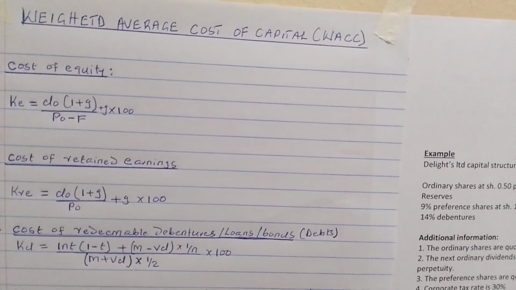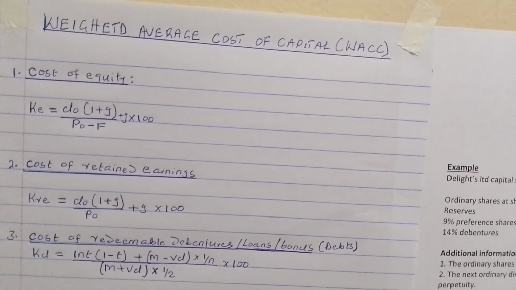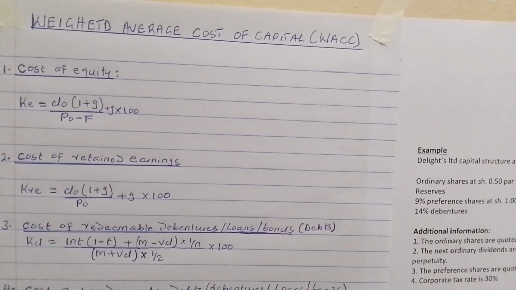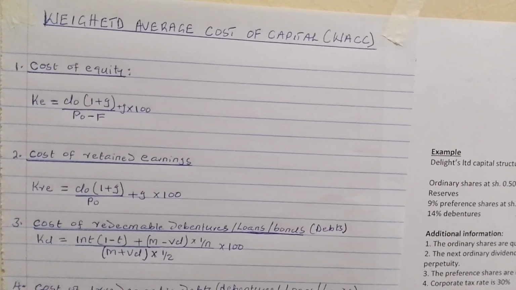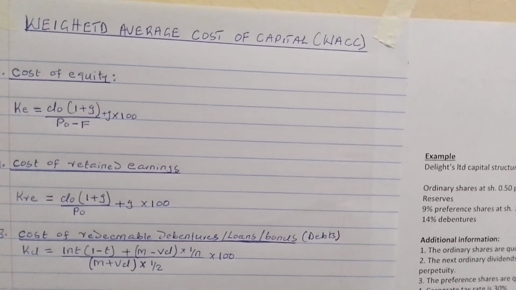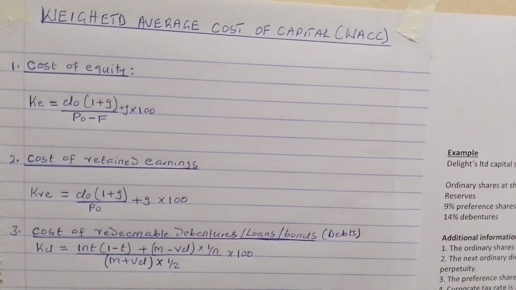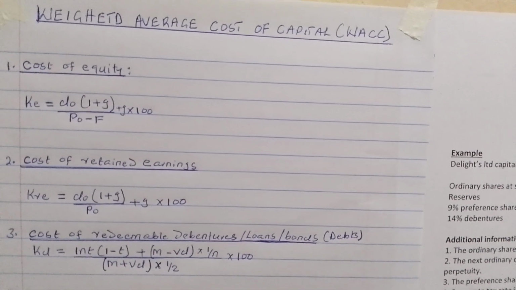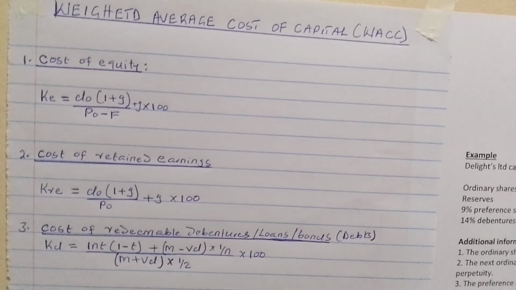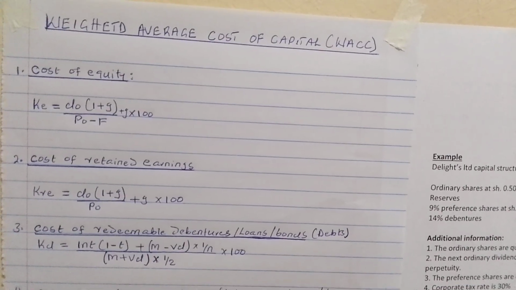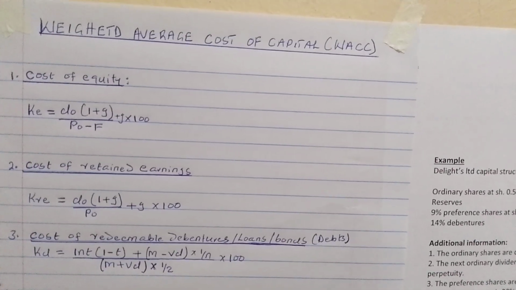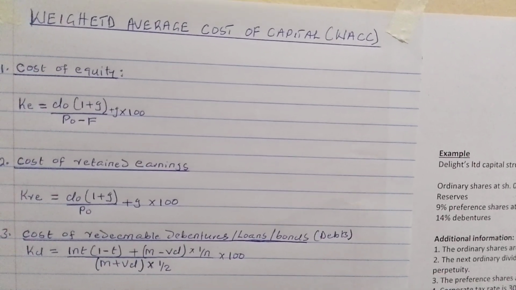Having in mind that a business may have a variety of sources of capital, among others, equity, that is ordinary shares, preference shares, and debt. As far as weighted average cost of capital is concerned, we always classify cost of capital into three areas.